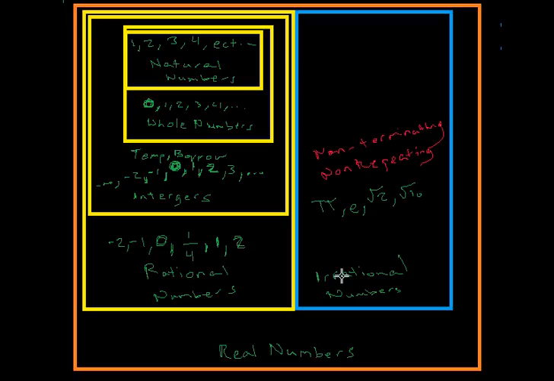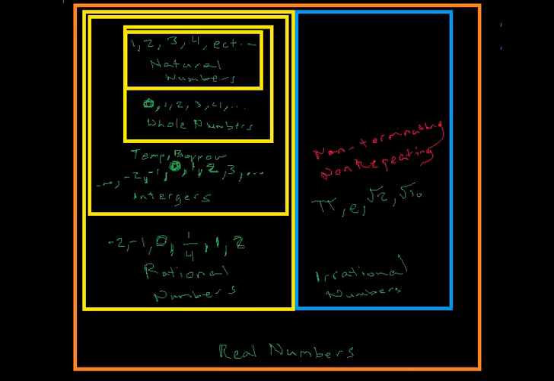And from there, there is a disconnection, a set of numbers where the decimals are non-terminating or non-repeating. We call that an irrational number. And when you take rational numbers and add irrational numbers to them, you get a whole set called real numbers.